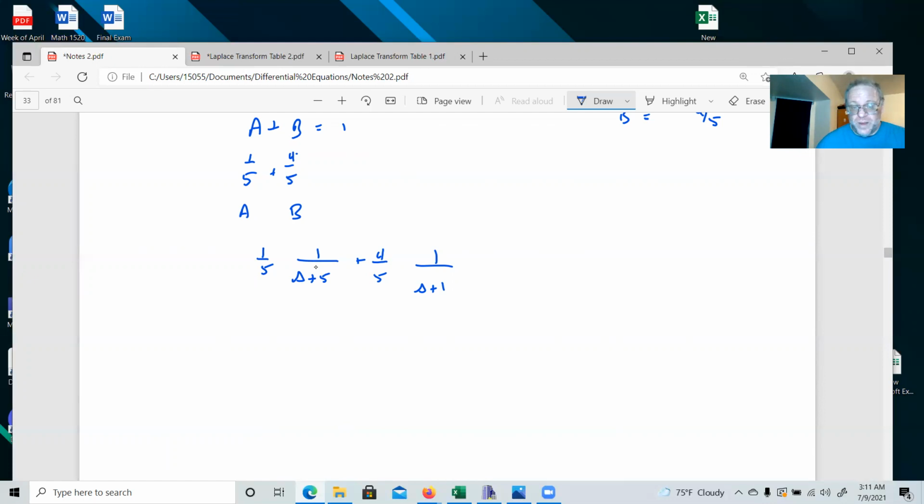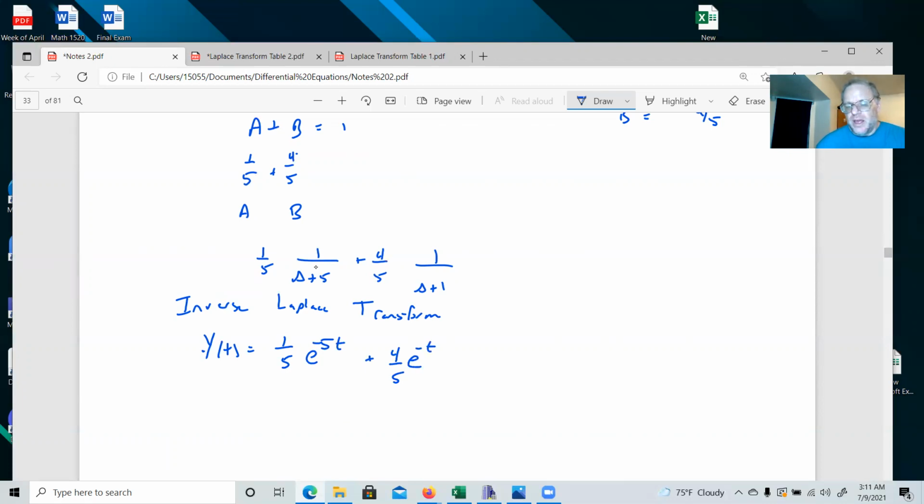So we are going to have our y of t, so inverse Laplace transform. The inverse Laplace transform is 1/5 e to the negative 5t plus 4/5 e to the negative t from this one.